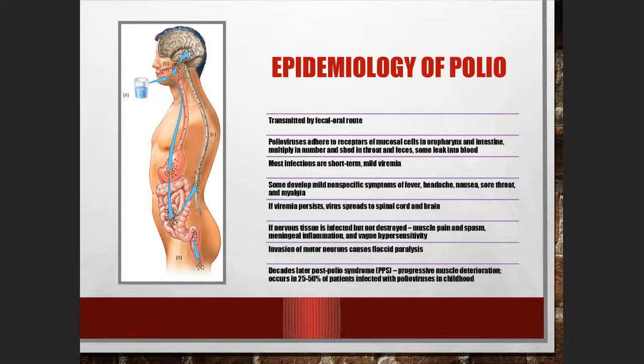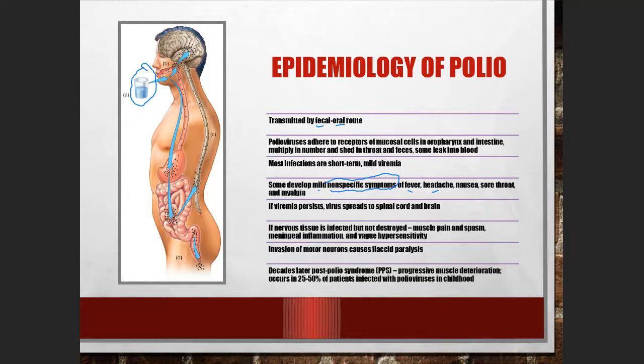This is the epidemiology, or transmission, of polio, mostly through the oral route, whether drink or food. So transmission is by the fecal-oral route. Mostly it is very mild or even non-symptomatic, with non-specific symptoms: fever, headache, nausea, sore throat, myalgia.